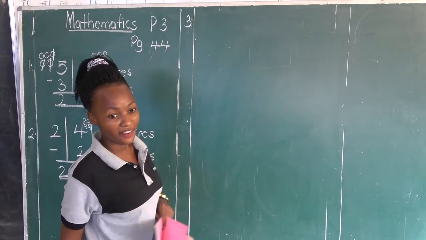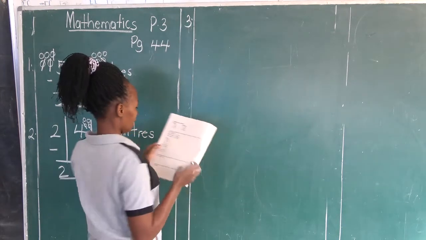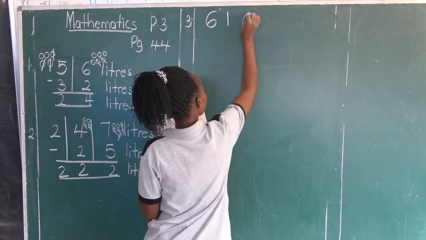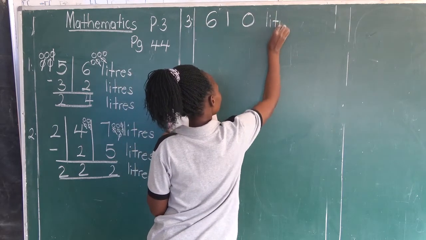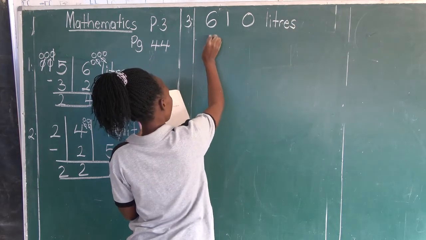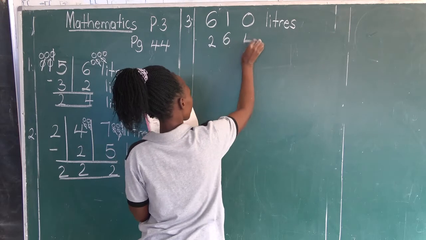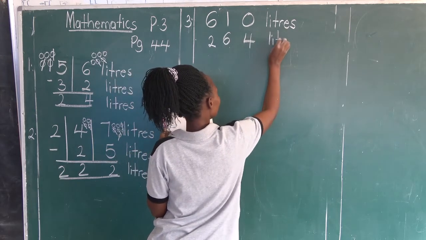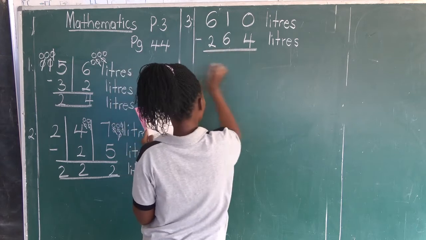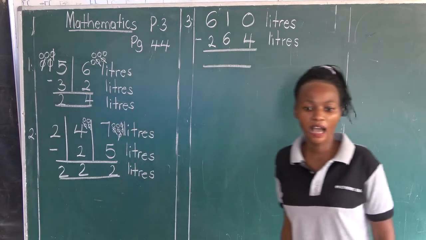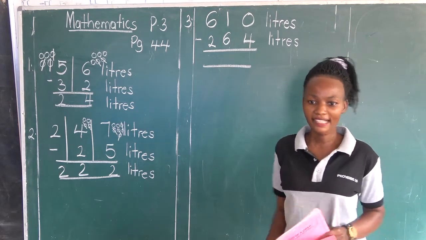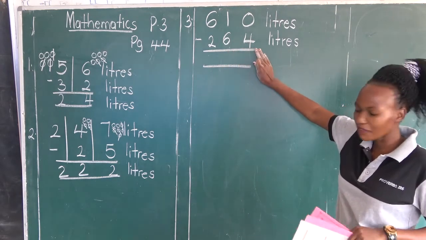Now here we need to be very attentive on number 3. I have 610 liters take away 264 liters. Let me first see how many people are already on number 3. I don't want to leave anybody.